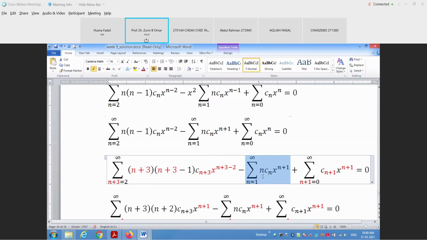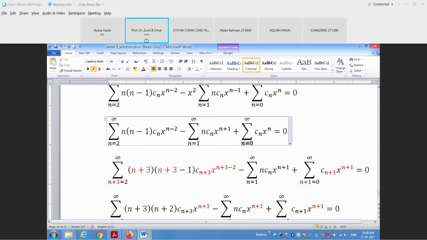This one remains unchanged. For the third summation, replace this n with what? n plus 1, because we want to change this to n plus 1. So c_n will be c_(n+1), and x^n will be x^(n+1).